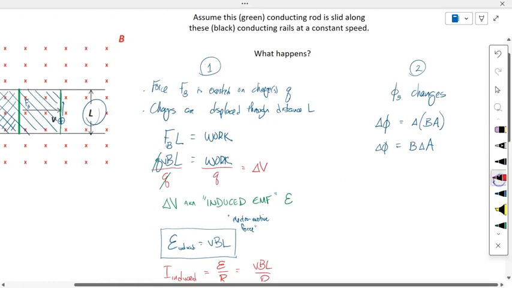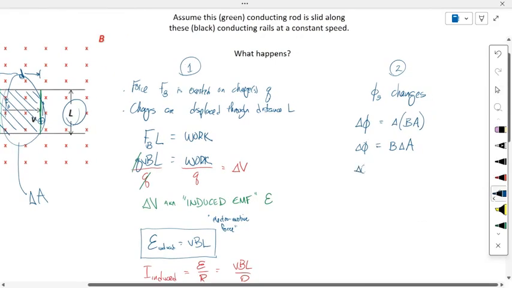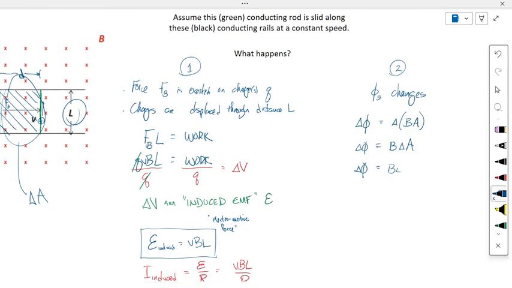Well, this part is the delta A. It's got dimension L, and I don't want to call it X because that looks like this. Let's call this D. So delta phi is B, L, D.